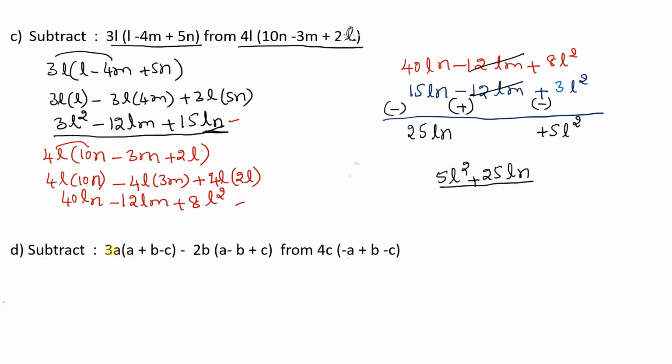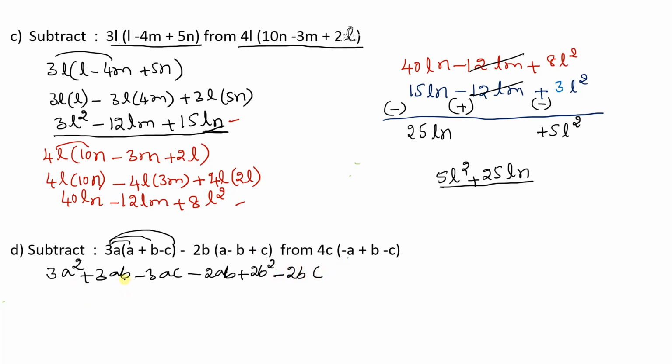Now subtract this from 4c into, okay. Now let us find out. 3 I'll do directly. 3a into a is a square plus 3a into b is 3ab minus 3a into c is minus 3ac. Okay, minus 2b into a is 2ab, minus of minus it is plus 2b square, minus of plus is minus 2bc.